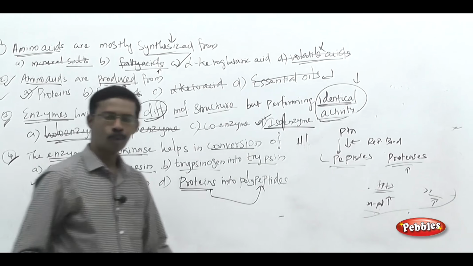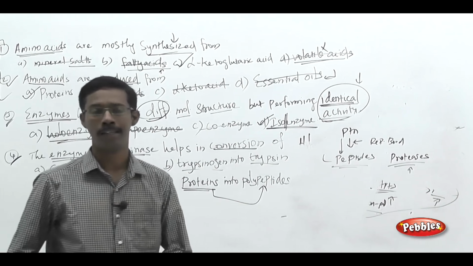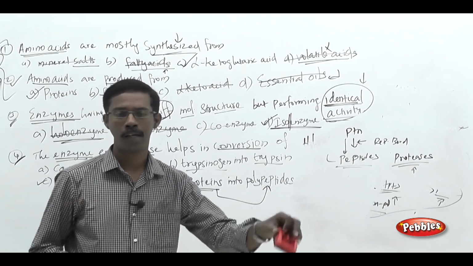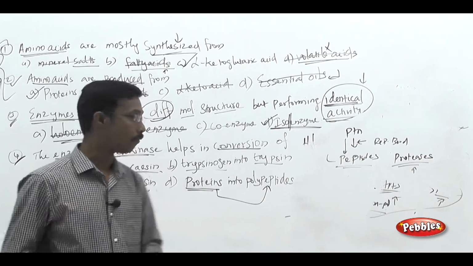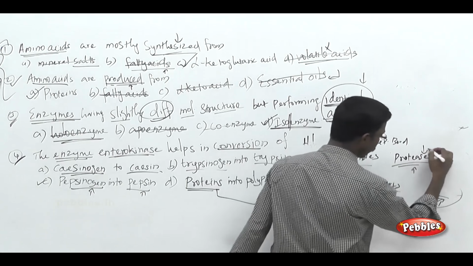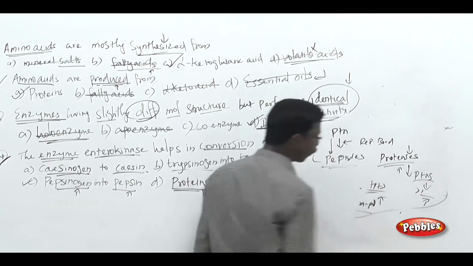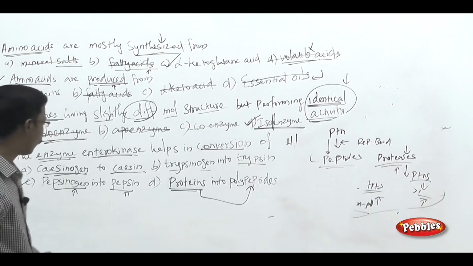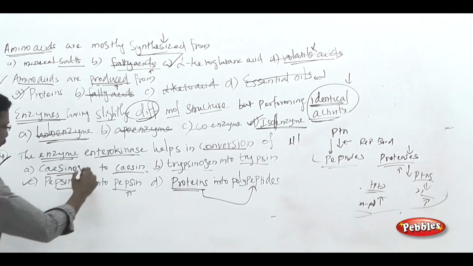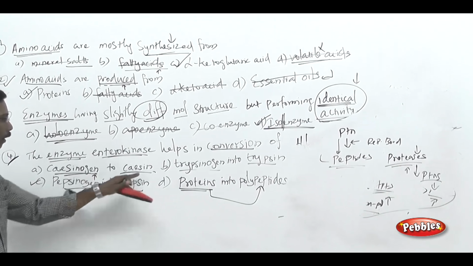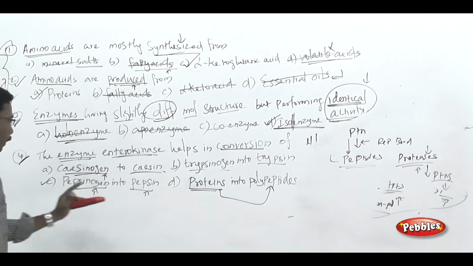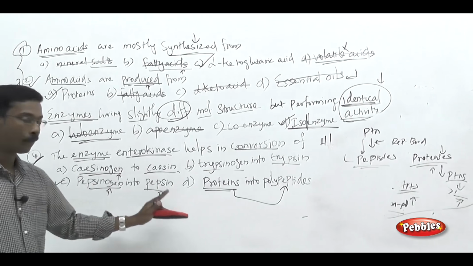What are proteases? The enzymes which can act on proteins and produce products from the protein. Caseinogen is an inactive form of casein and will be converted into casein. Pepsinogen will be converted into pepsin.